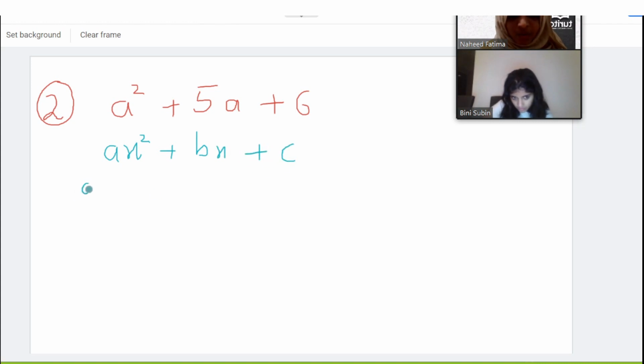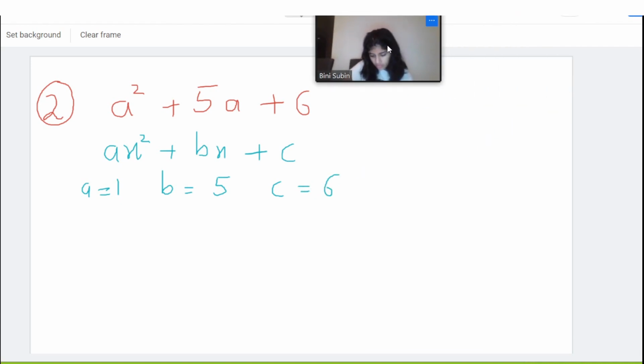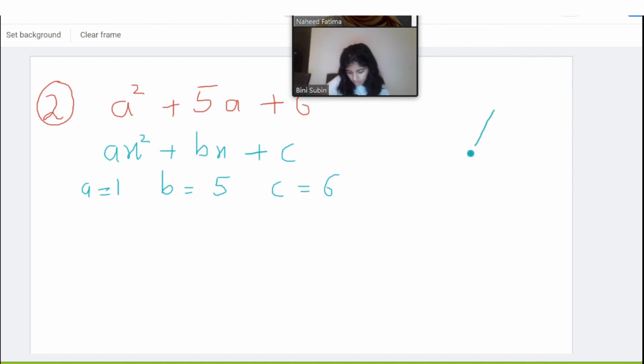So my a is equal to 1, my b is equal to 5, and my c is equal to 6. So if I go with my standard, I'll be writing c here and I'll be writing b down. I need to get c by multiplying the two numbers and b by adding the two numbers. Okay, so my c is 6 and my b is 5.